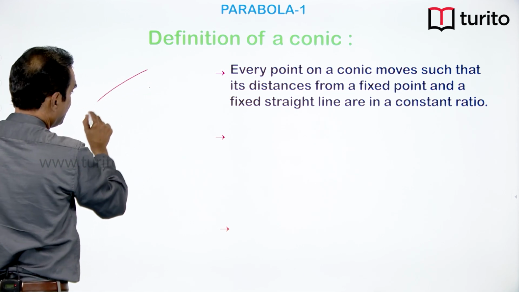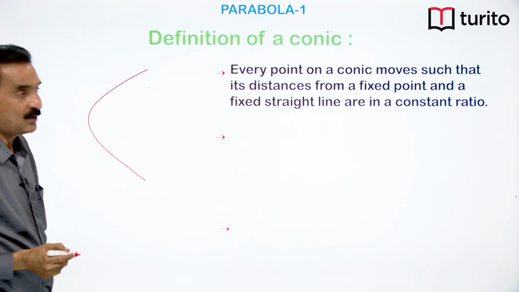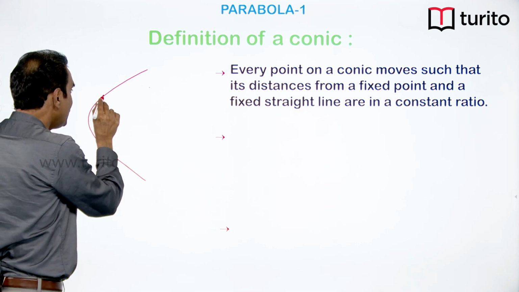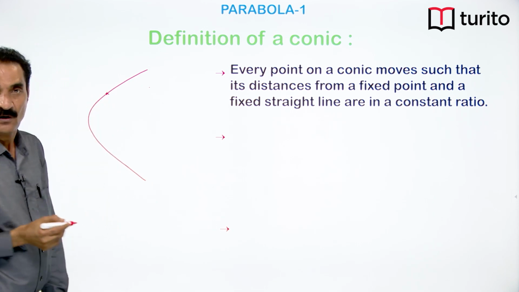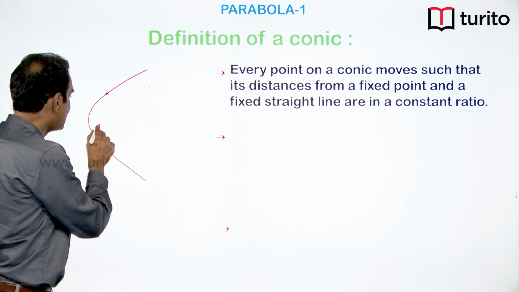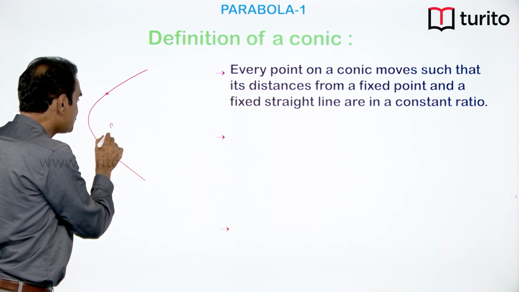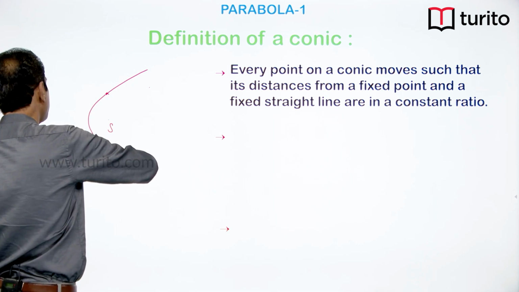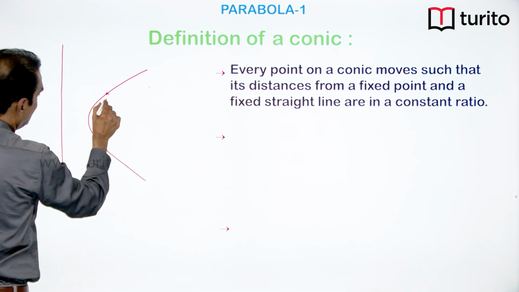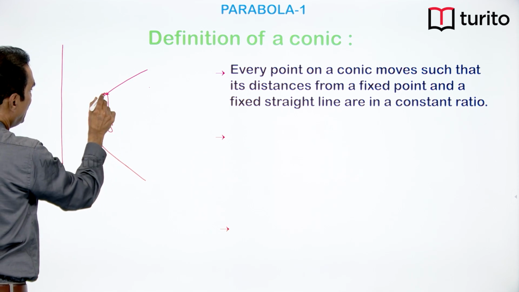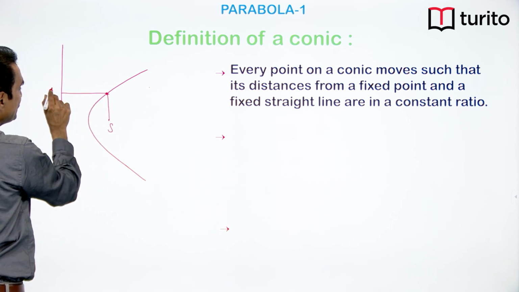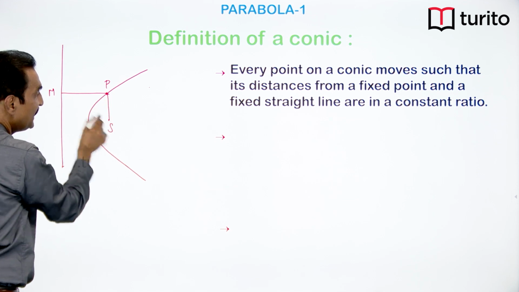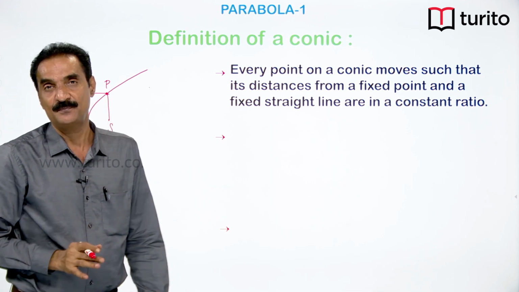If you take any one of the three conics, every point on the curve moves such that its distance from some fixed point and its perpendicular distance from some fixed line are in a constant ratio.